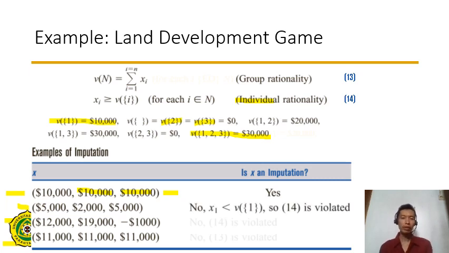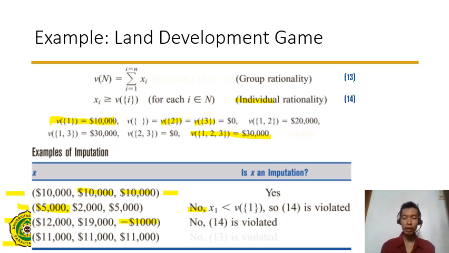For the second vector, however, we examine this reward of 5,000 for player 1. It is less than V1. So it does not satisfy individual rationality for player 1. Once any of the rationalities is not satisfied, we can say it is not an imputation. For the third reward vector, again, for example, for player 3, the reward here is minus 1,000.